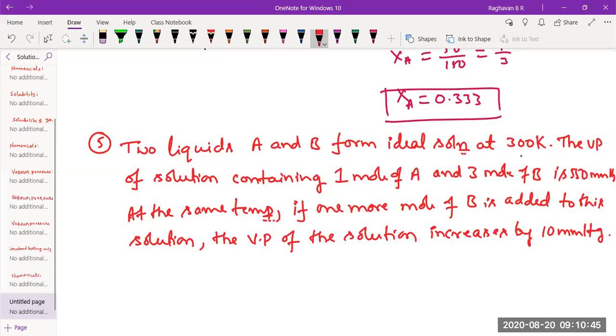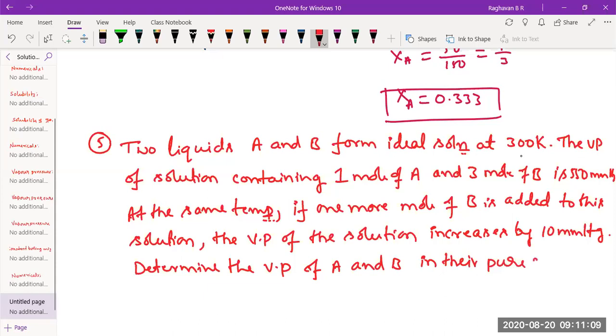Determine the vapor pressure of A and B in their pure state.